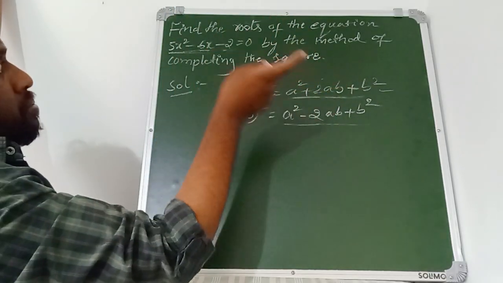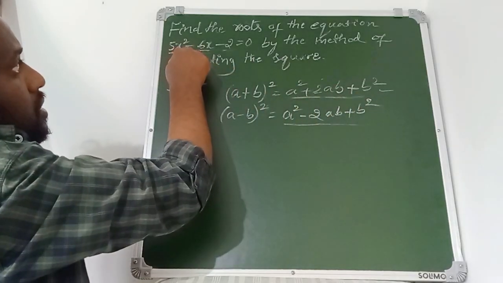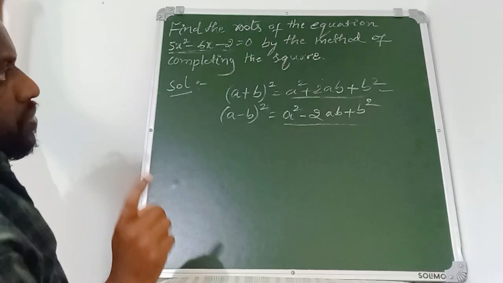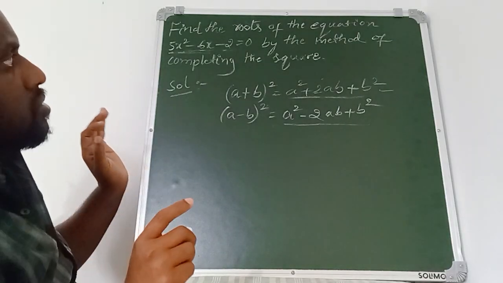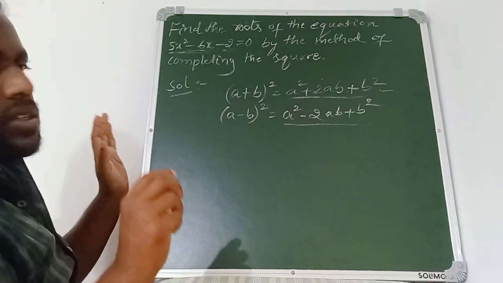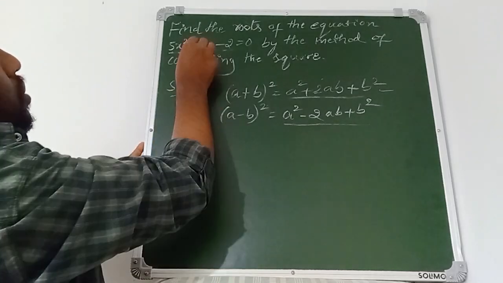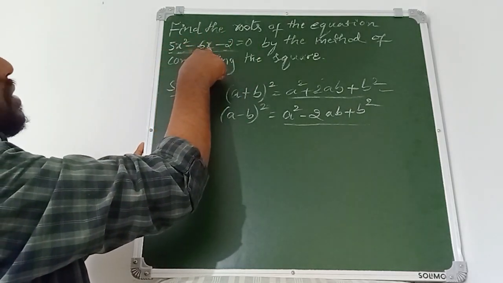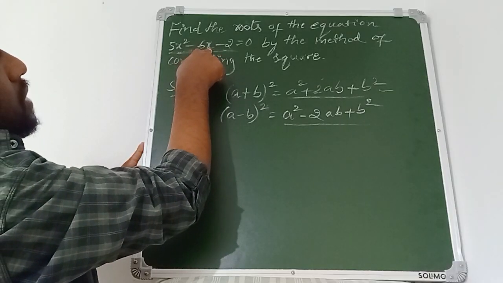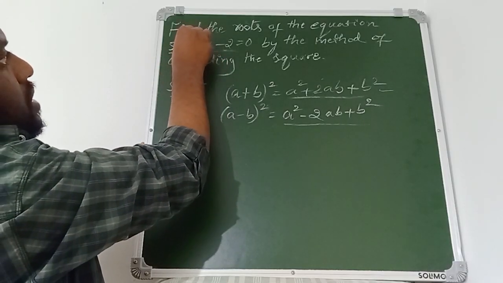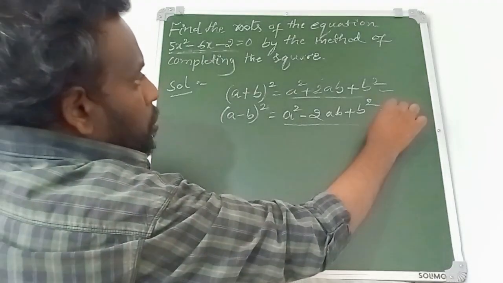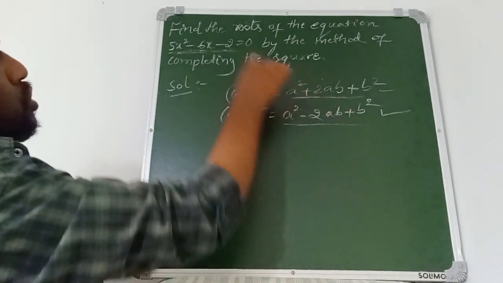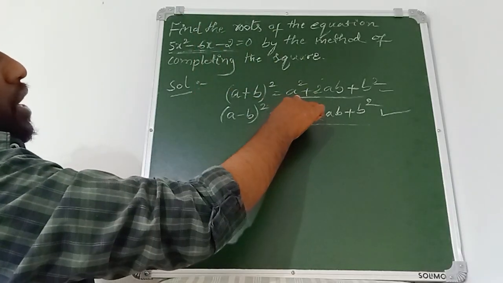If there are minus signs between these two terms, then we have to use this. Here a minus sign is there between this and this, so think about this form. Now we will use this form to solve this.